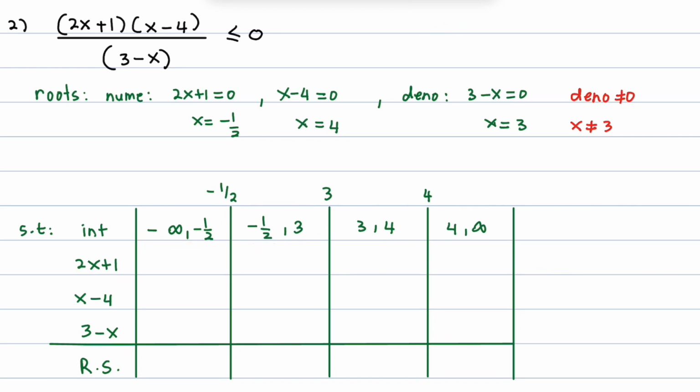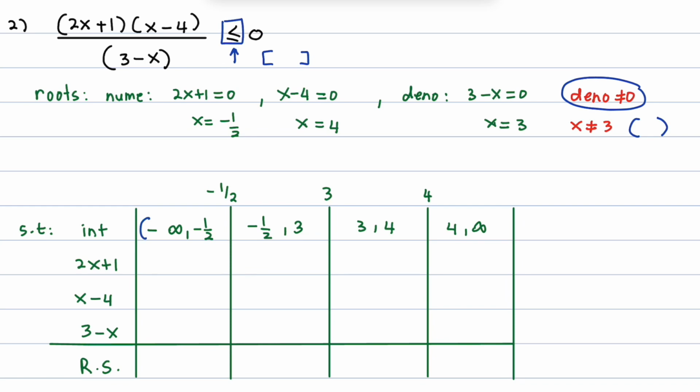Now, because we have the equal sign in the question, which is less than or equal, basically everything is a closed bracket. But again, remember that the denominator, you have to put as an open bracket. Now, let's look at the interval. So the interval here, you have negative infinity until negative half. Negative infinity is always an open bracket.